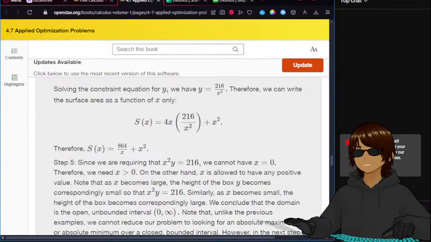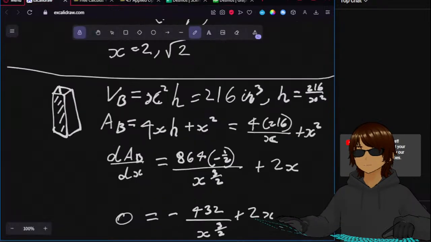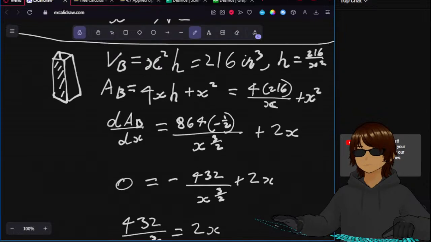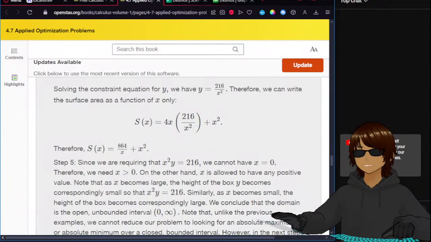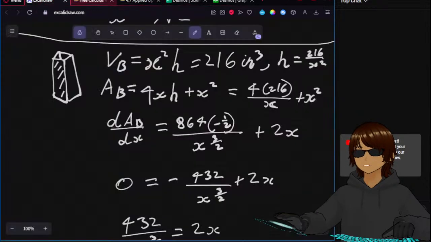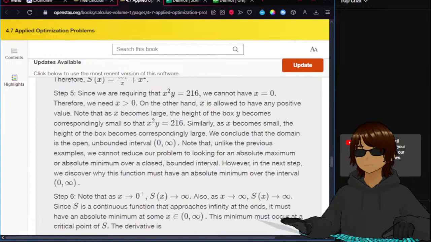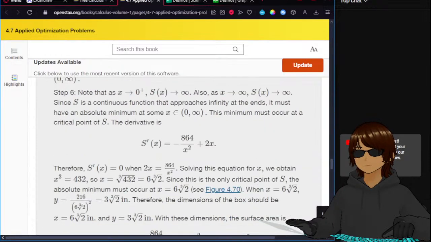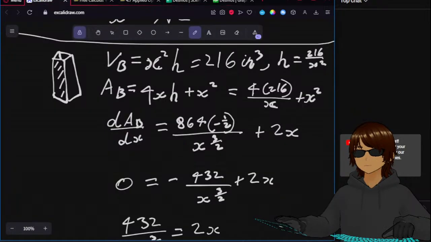The surface area is this. What did I write? 4 times 216. Okay, so the derivative, minus x squared.